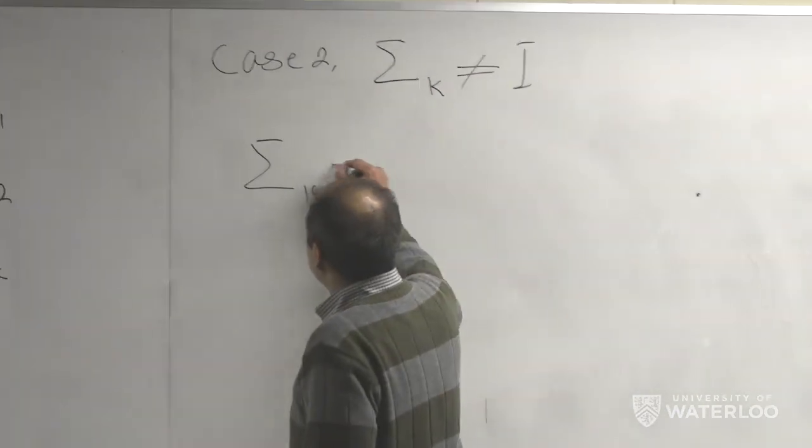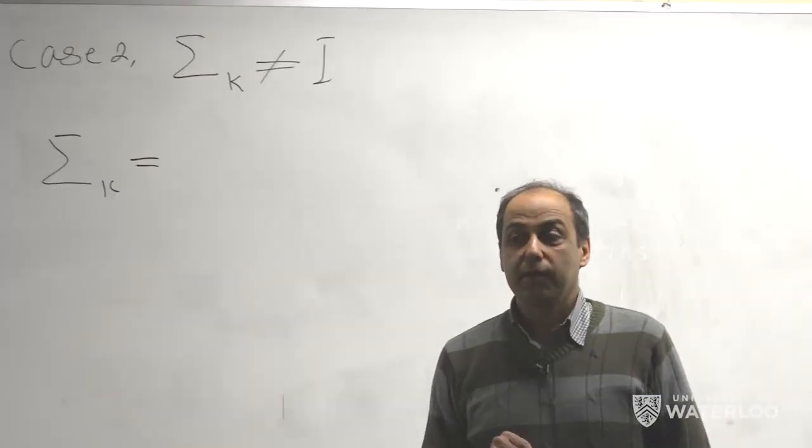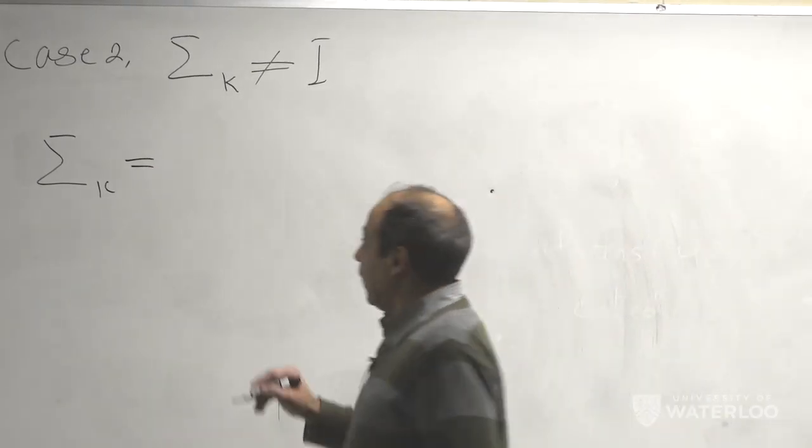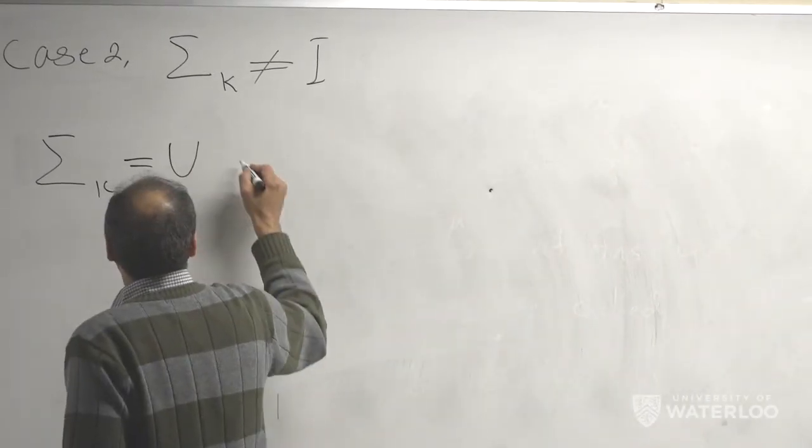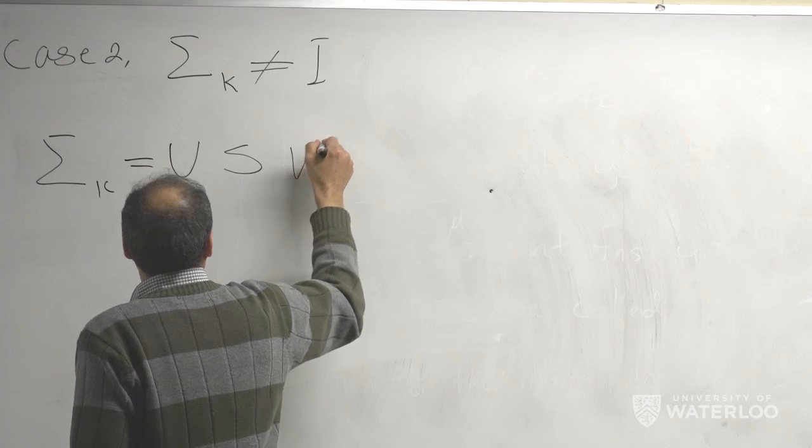So I can write the singular value decomposition for sigma k, and it's going to be U S V transpose.